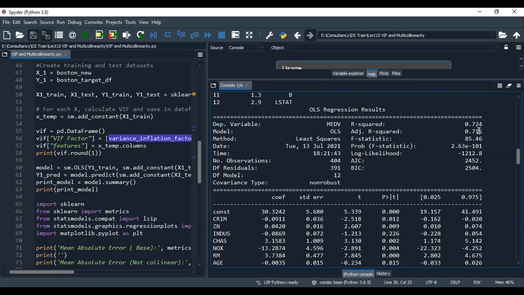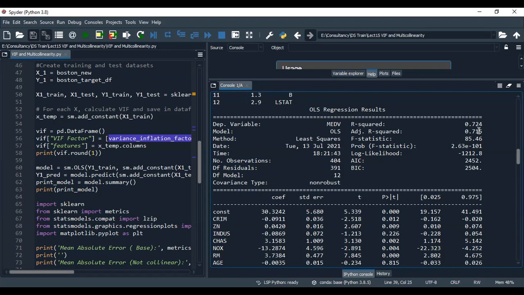What is this adjusted R square value? In the adjusted R square value, in the denominator, you will get the n minus k minus 1 term. N is the number of observations, and k is the number of independent variables. So if you are removing RAD, an independent variable, you are reducing k. Let us consider that earlier n minus k minus 1 was 9. Now you are reducing k by 1, making n minus k minus 1 equal to 8. So earlier it was 9, now it is 8.